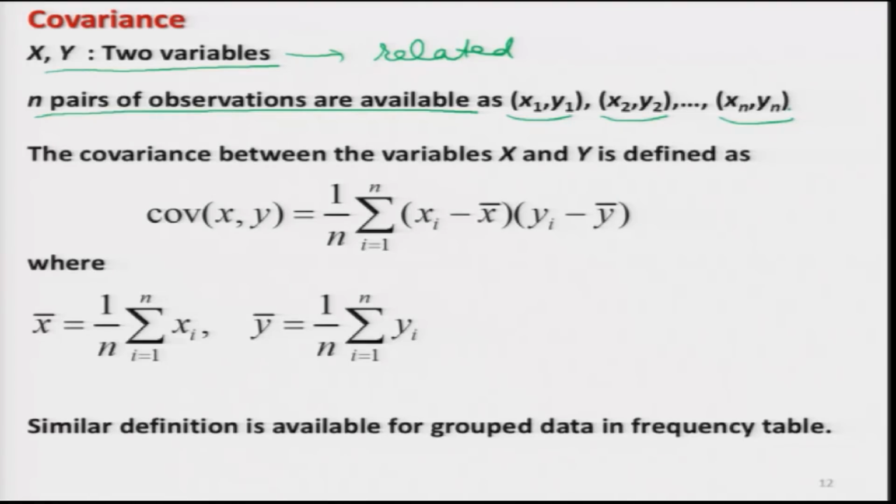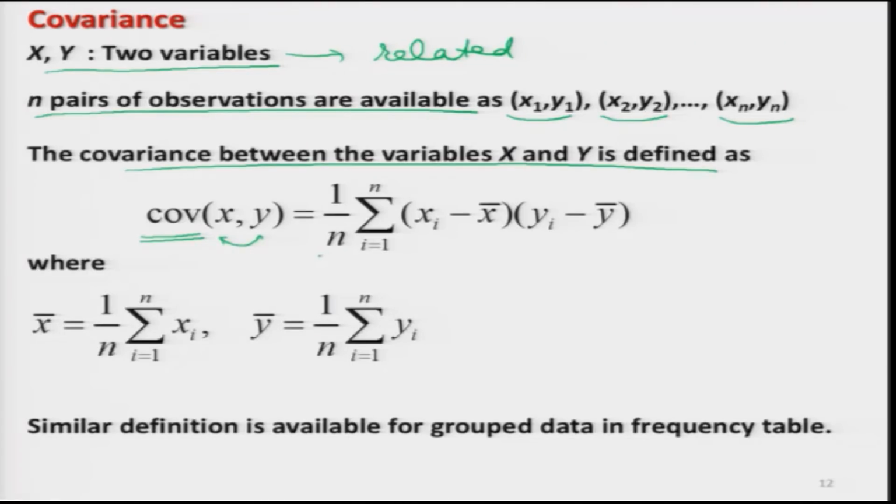These are numerical values, and we already understood while discussing the graphical techniques how to obtain such observations. Now, the covariance between the variables x and y based on the sample observations is defined as COV, indicating the covariance between two variables x and y.